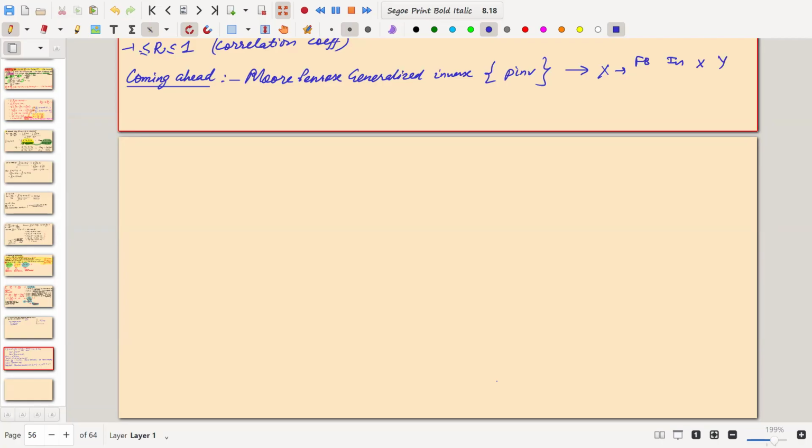Okay, so the regression line today depends on only one x. Yes, y equals W0 plus W1x. But when it depends on two different variables, x1 and x2, how is the Moore-Penrose generalized inverse going to help you? Tomorrow we will learn this concept.